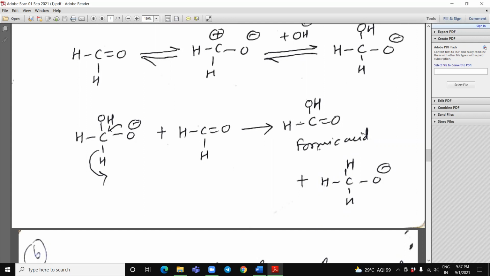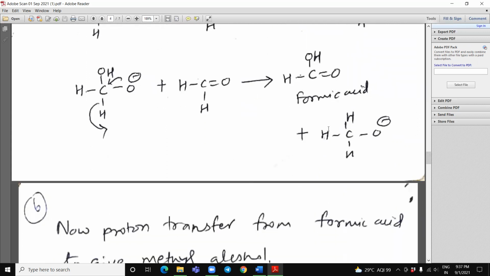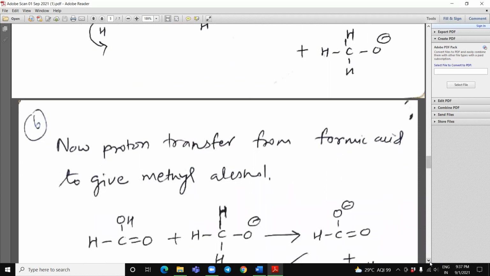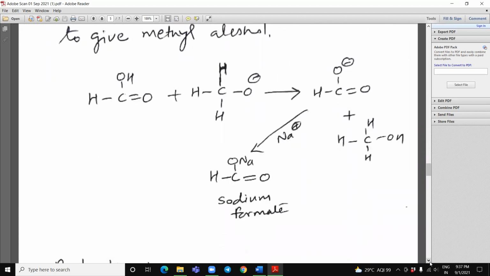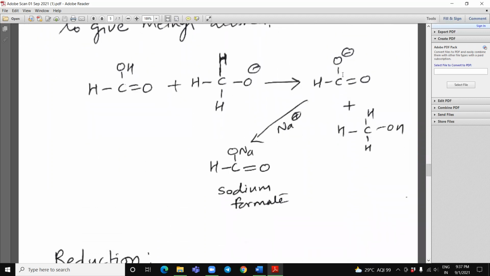So it will give us the formic acid and this anion, which is further rearranged. So it will give acid and alcohol products. Now this proton is transferred to this anion and it will give us formic acid and methyl alcohol. And this acid anion will combine with the sodium salt and form sodium formate.